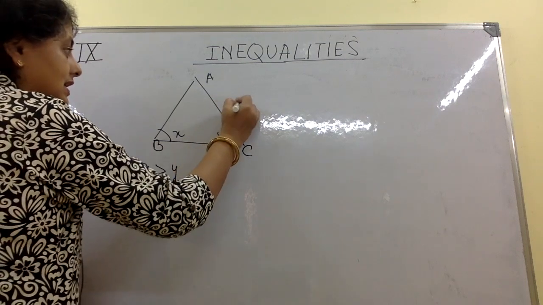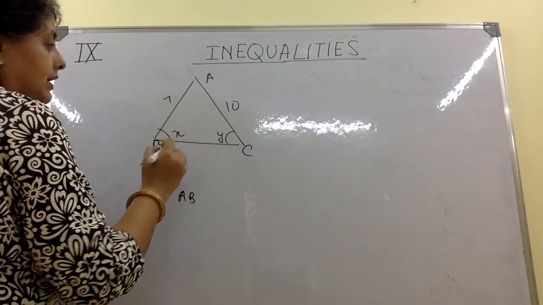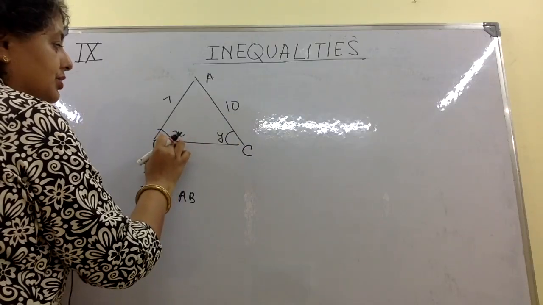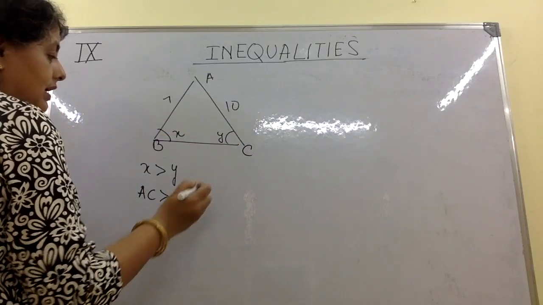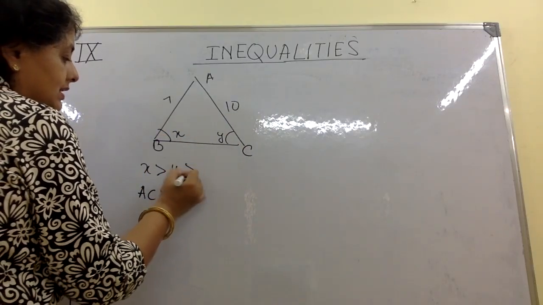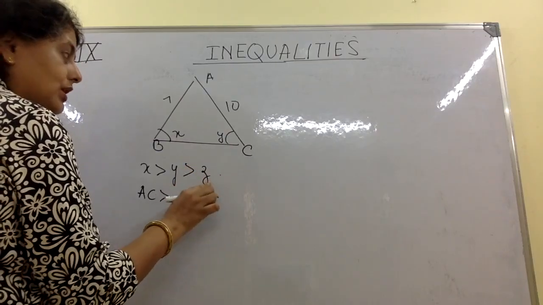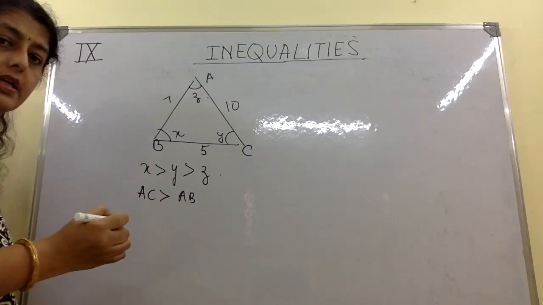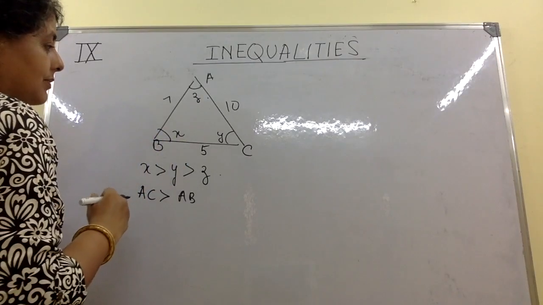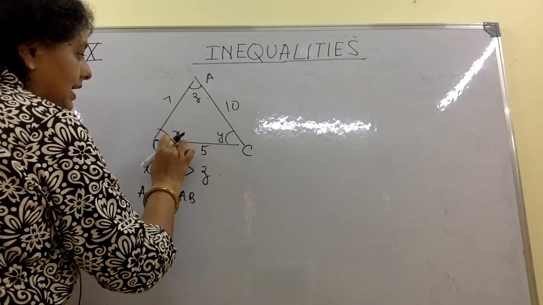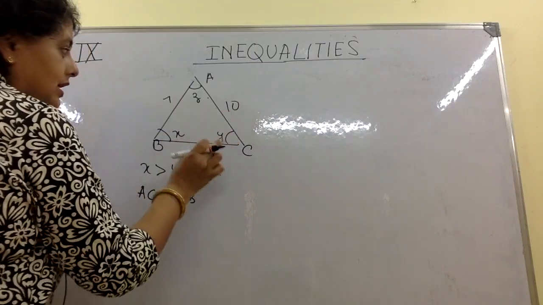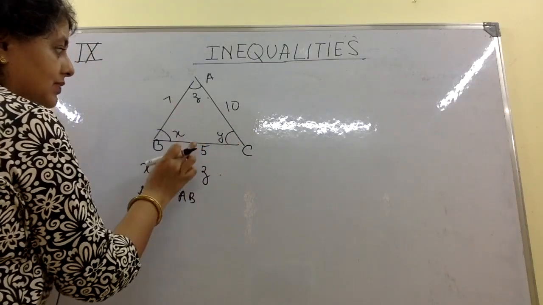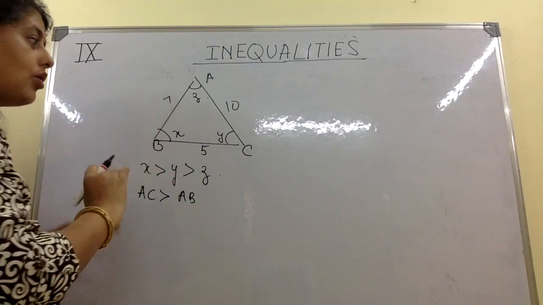So if this is 10, this has to be 7. The greatest angle is opposite, so X is greatest. And if I have a Z, which is the smallest angle here, then this has to be 5. I'm just giving a small example. The greatest angle has the greatest side opposite it, the smallest angle has the smallest side opposite it, always.